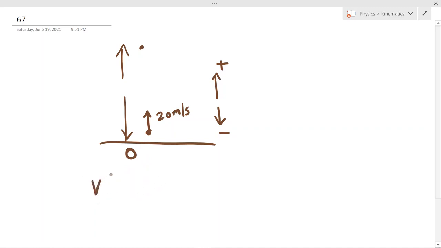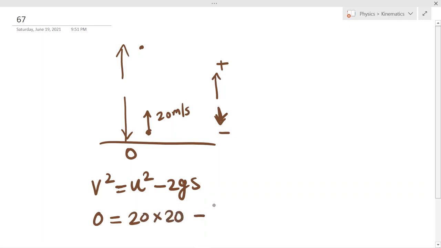We can use this: v square is equal to u square minus 2gs. Why minus? Because the downward direction is negative and g will be negative over here. So this will be v square is 0, u square is 20 into 20, that is 20 square, minus 2 into 10 into s. s is to be found out.